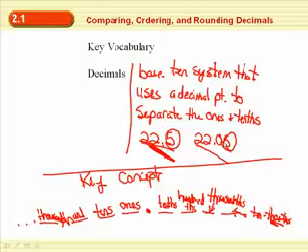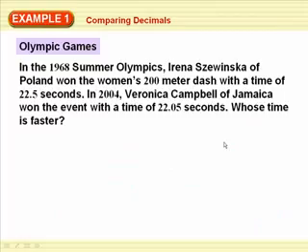So let's take a look now at example 1. In the Olympic Games in the 1968 Summer Olympics, Irena Szewinska of Poland won the women's 200-meter dash with a time of 22.5 seconds.